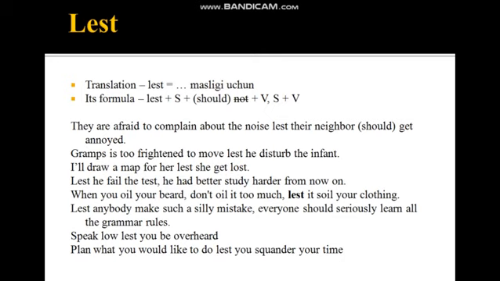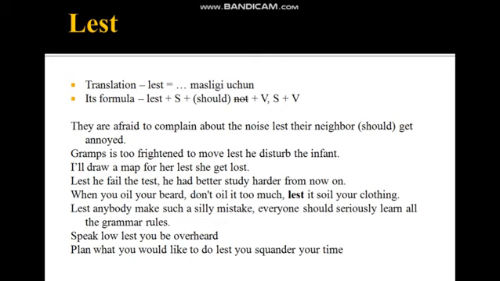But don't forget there is a "should" right here, which means even if we use, let's say, "he," "lest he should go," well, if we omit that "should," see, "lest she go," not "goes."